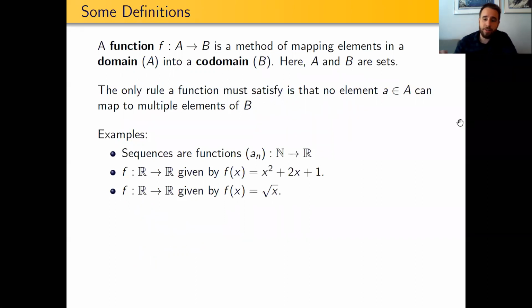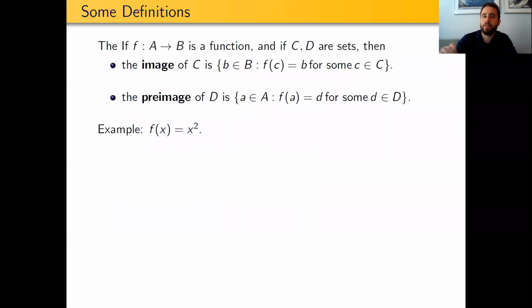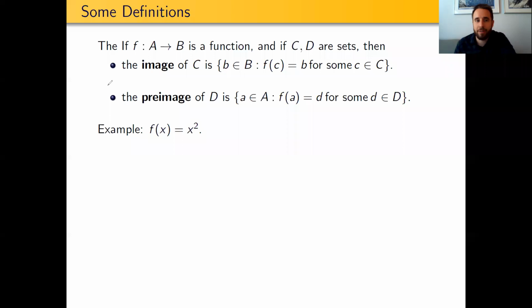All right, and so that helps to motivate the next two definitions, that of an image and that of a pre-image, right? So we have if f is a function from A to B, and we take two sets, C and D, then I can talk about the so-called image of C and the pre-image of D. And I just want to maybe talk through this definition a little bit.